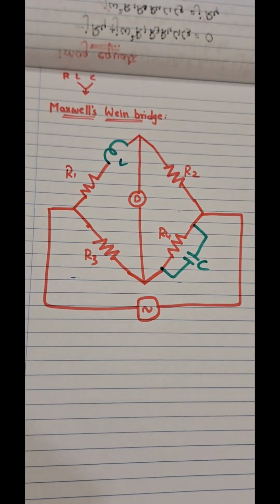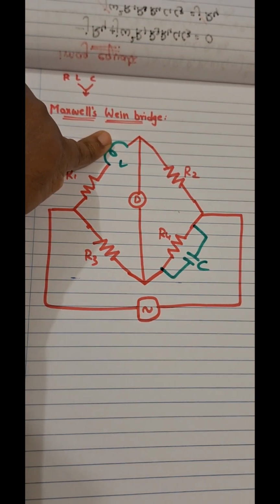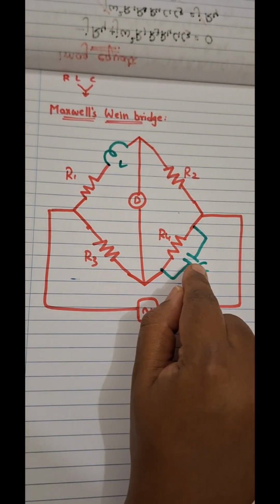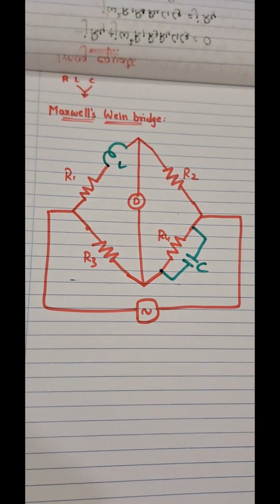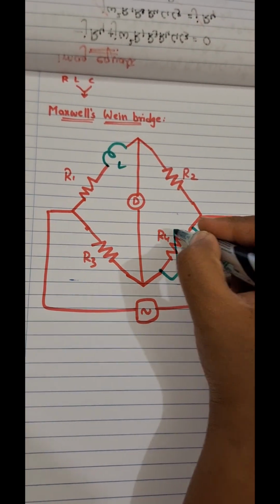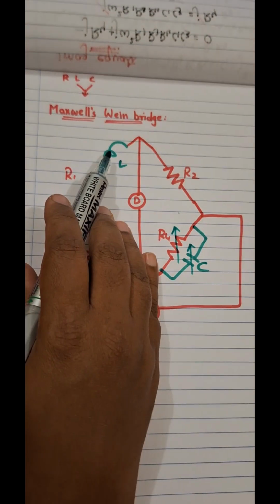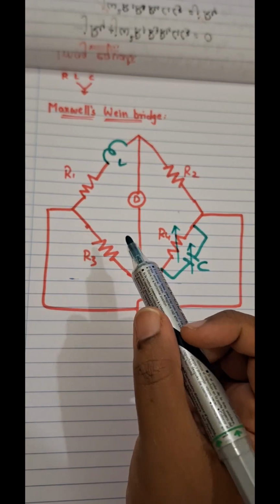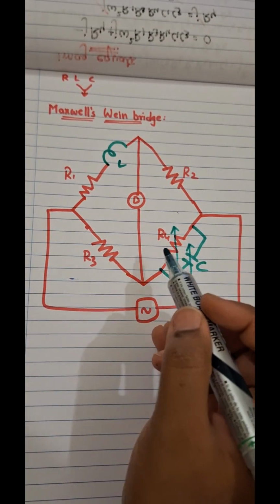Okay. So usually what we can do is take an unknown self-inductance and compare it with the standard variable capacitance. The capacitance we use here is a variable capacitance with a variable resistance. So here we have a self-inductance, variable capacitance, variable resistance. In the same way we have resistors R1, R2, R3 and R4.